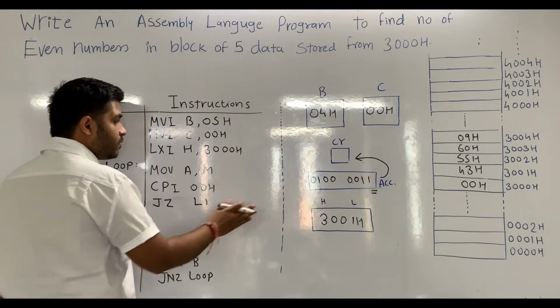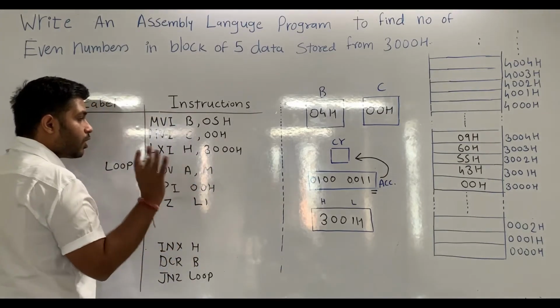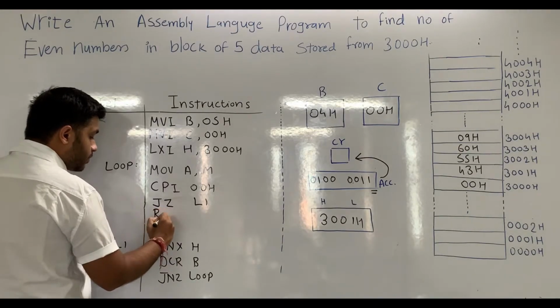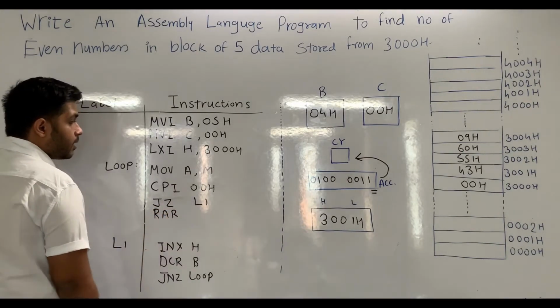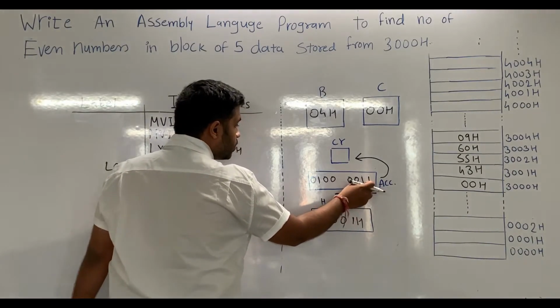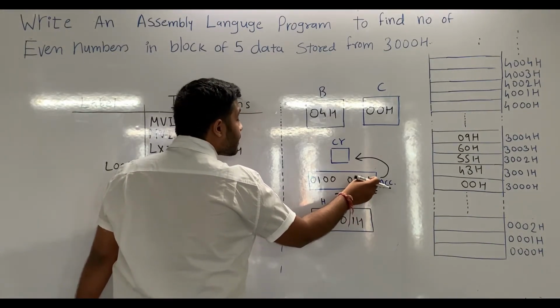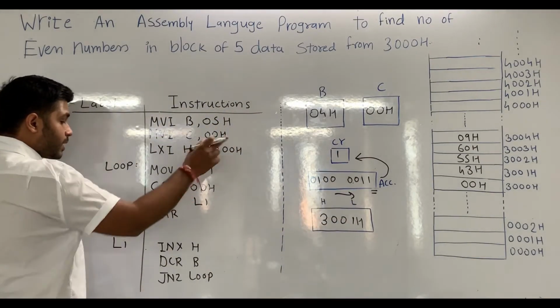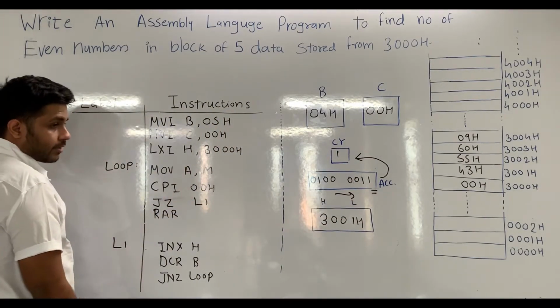So after checking whether the number is 0 or not, if the number is not 0, we will rotate the content of the accumulator right side. When we rotate the content of the accumulator right, the value which is present in the LSB will be stored in the carry. Now you can see that the carry is generated.